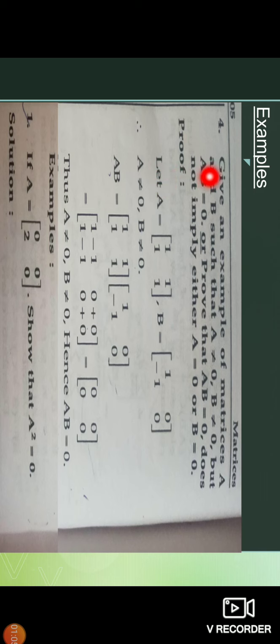Let A be this matrix, of order 2 by 2, and B be this matrix, also 2 by 2. Both matrices are non-zero: A does not equal 0 and B does not equal 0. Now we need to show AB is equal to 0.